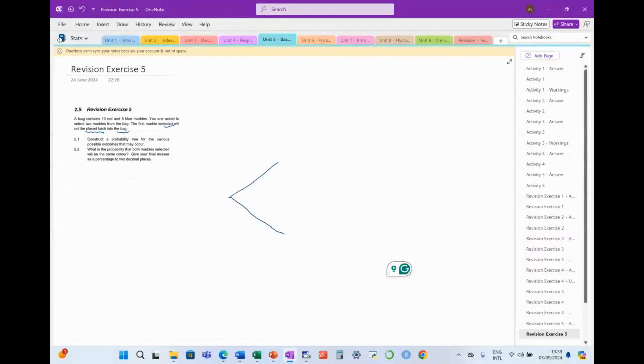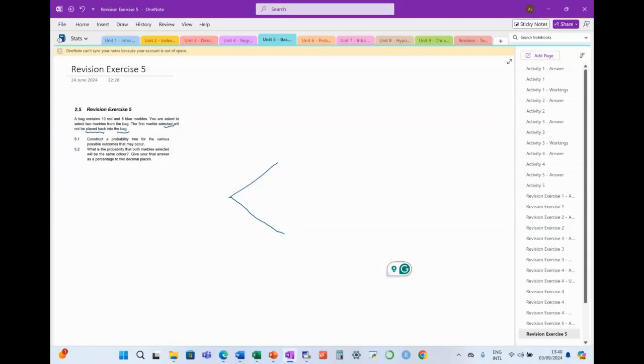So we know that we have 10 red and 8 blue. So in total, how many marbles do we have? We have a total of 18 different marbles that we can select from. Does that make sense? So our probability is out of 18.